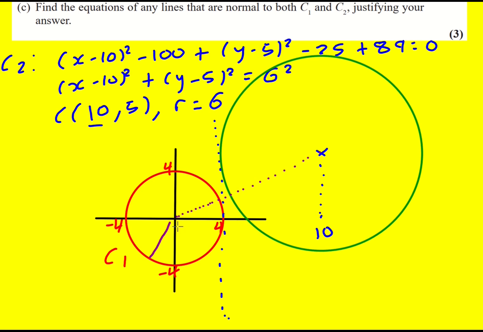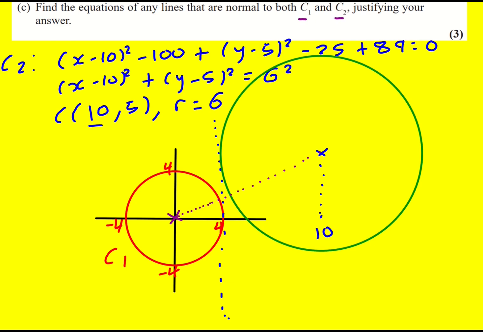Basically, any line that goes to the edge of a circle will be a normal because it will then be at 90 degrees to a tangent. That's the definition. So I'm joining them up, and both parts of the purple line you can see are going to the center of each circle, but you join the centers together, and that is a normal to both C1 and C2.